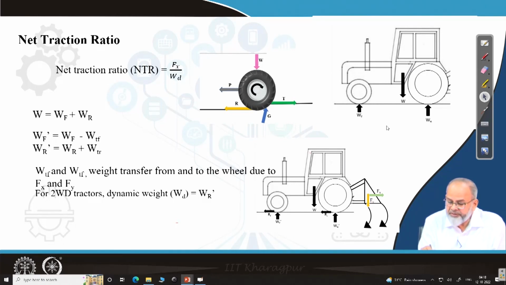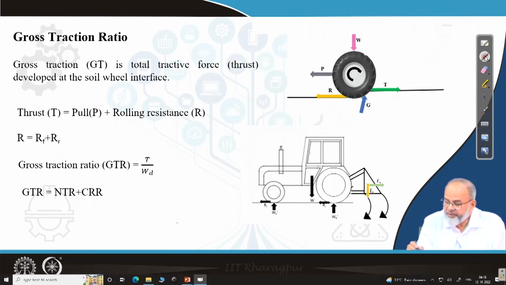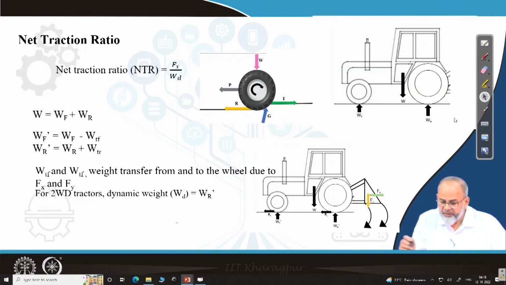So, if total weight is W, then we can divide it, so W is divided into front axle plus rear axle, capital R.